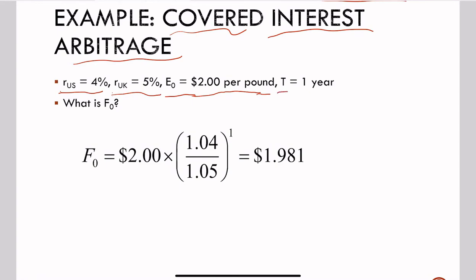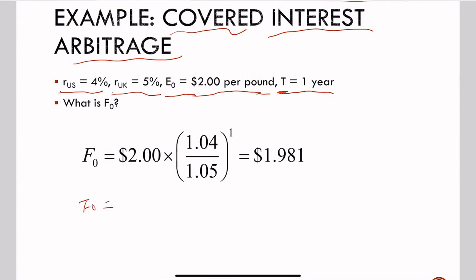And let's say the investment horizon is 1 year. Or that's not accurate. Let's say the delivery date is in 1 year, or the span of life for this futures is 1 year. So what is F0? Well, this is pretty simple, right?